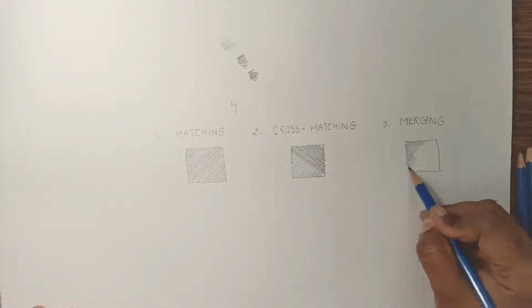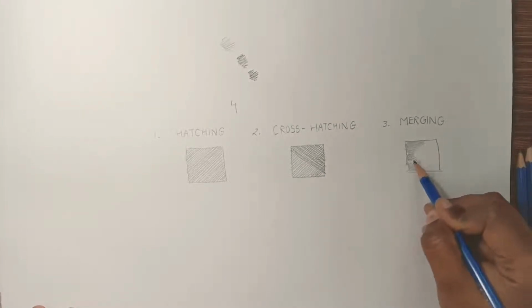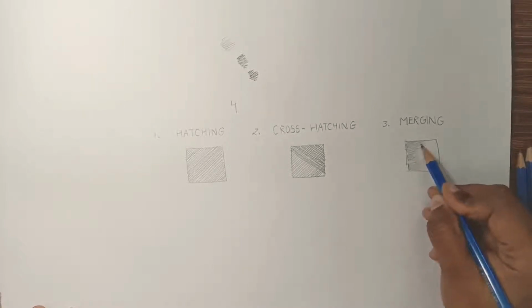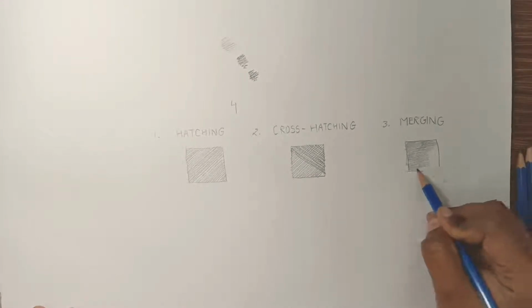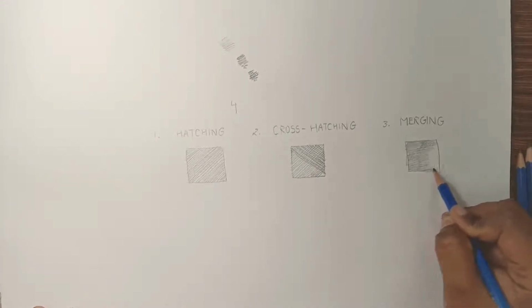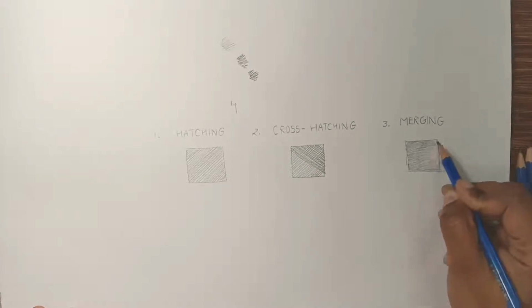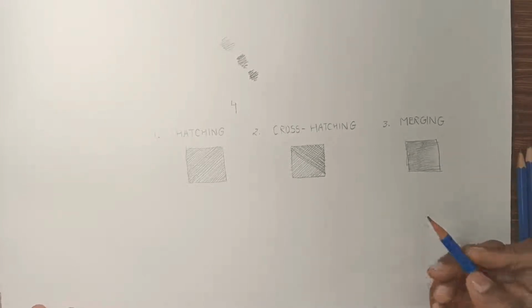We're just going to merge each and every stroke so that none of the white space is visible and no stroke is visible either. This is a merging technique.